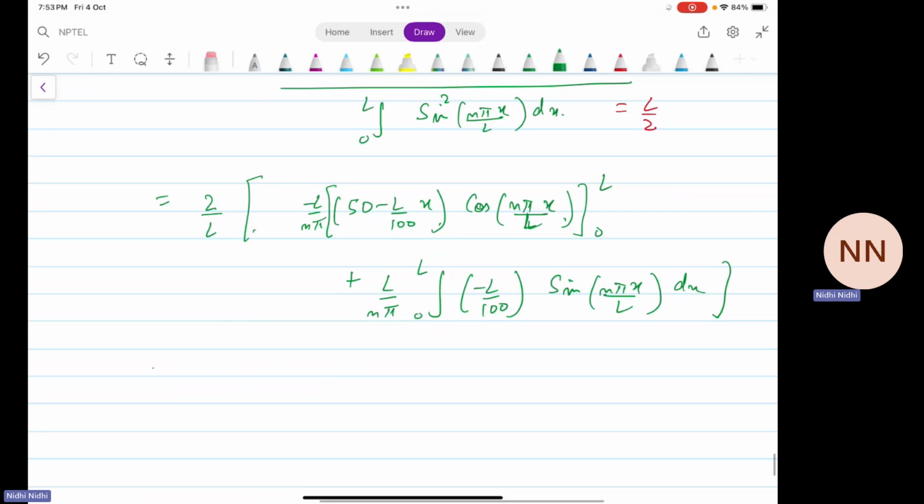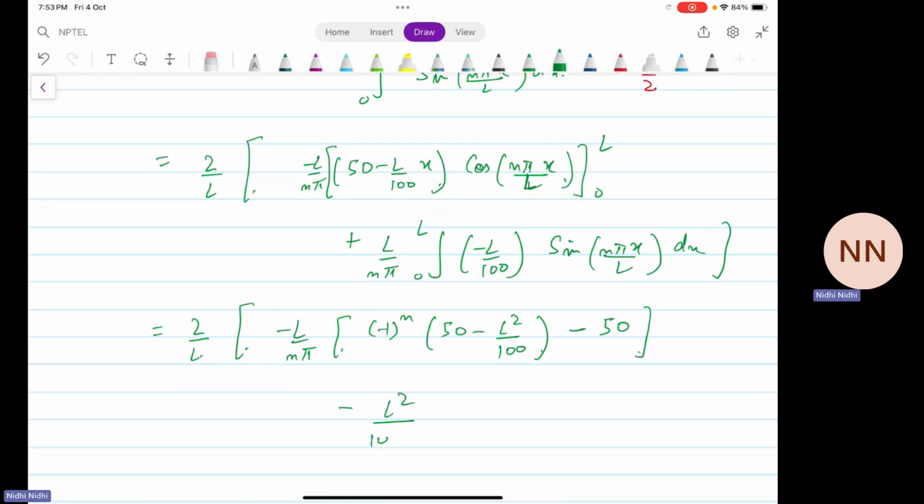So this is equal to 2 by L, minus L by n pi, putting x equals to L. Since cos n pi is minus 1 to the power n, this is minus 1 to the power n times 50 minus L square by 100, minus cos 0 is 1, so this is just 50.